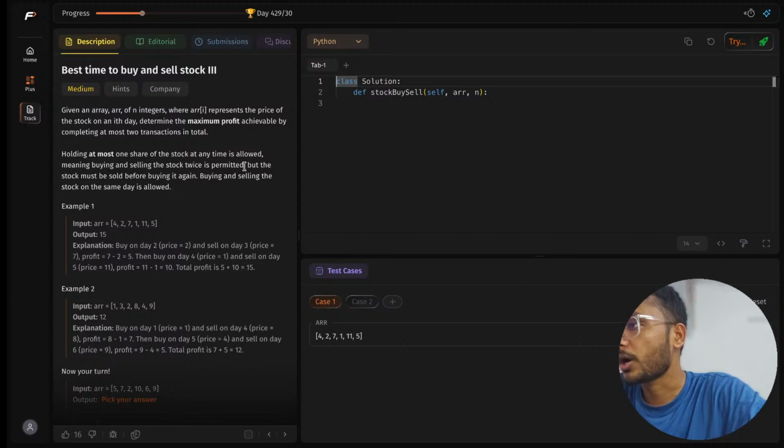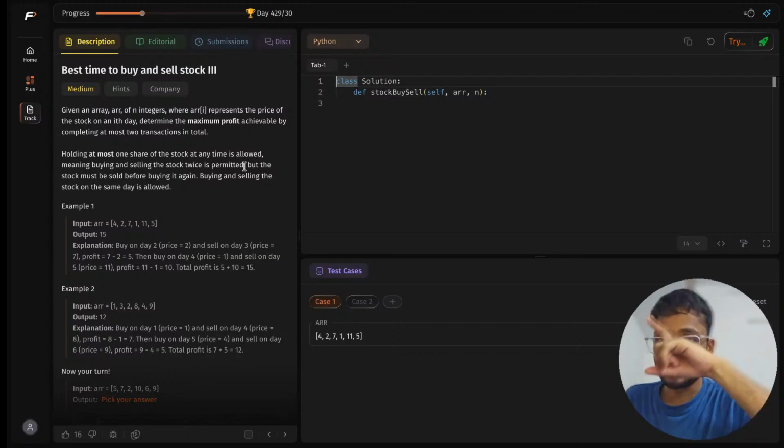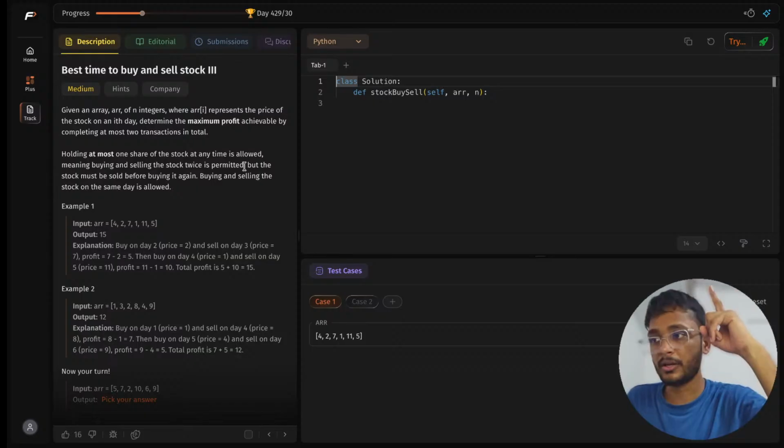In the last one, multiple transactions were allowed, so you could do as many as possible. Here you can do only 2 transactions, holding at most one share at a time, and the condition is the same. Like in the first problem, you could make only one transaction, buy and sell.